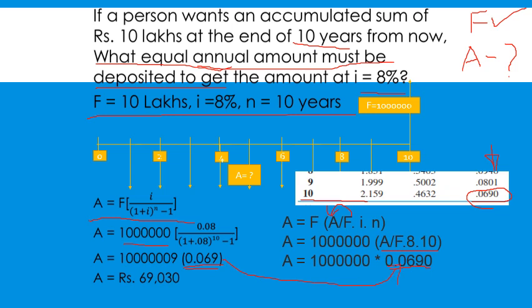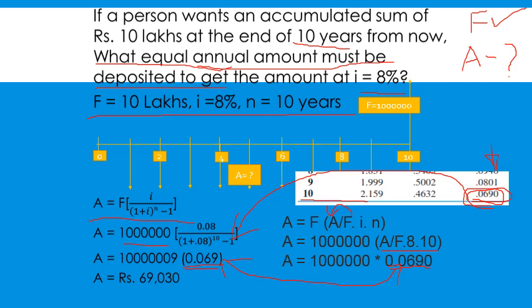Is there any difference? No. That's what I have been telling you. The values available in the factor tables are nothing but this bracketed value. The value that you calculate using the brackets is the value given in the factor tables.